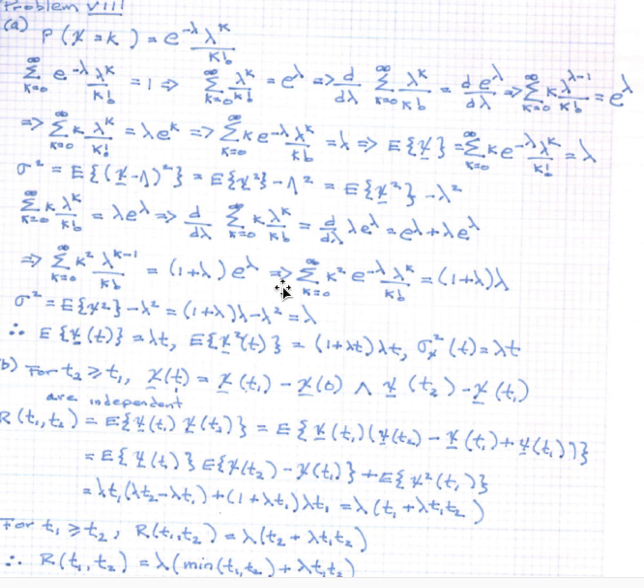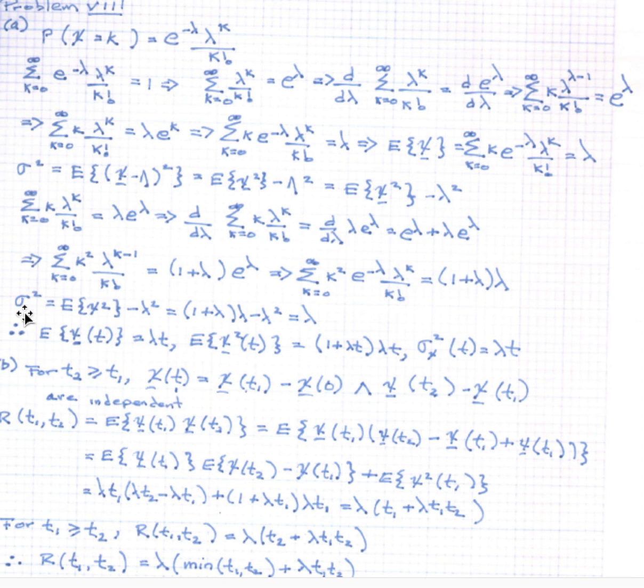This implies the summation of k equals 0 to infinity of k squared times e to the minus lambda times lambda to the k over k factorial equals the quantity 1 plus lambda times lambda.